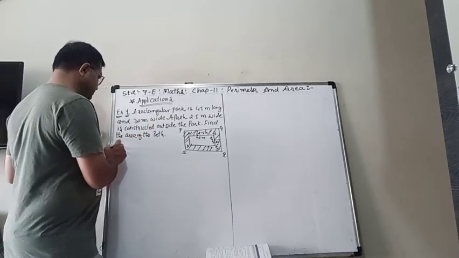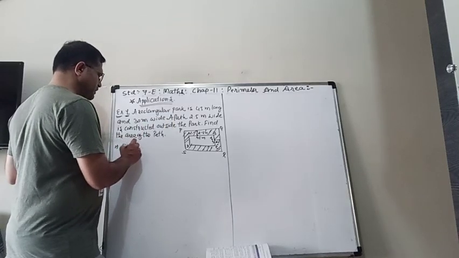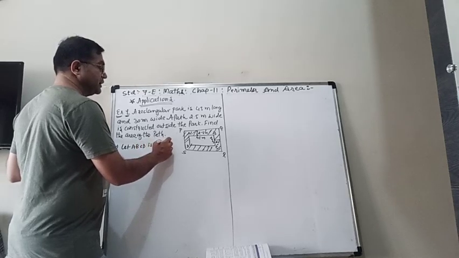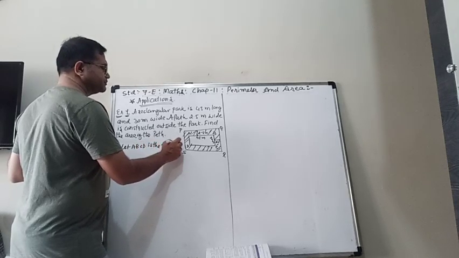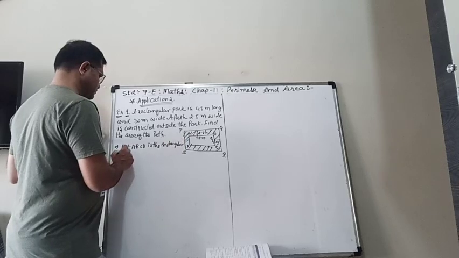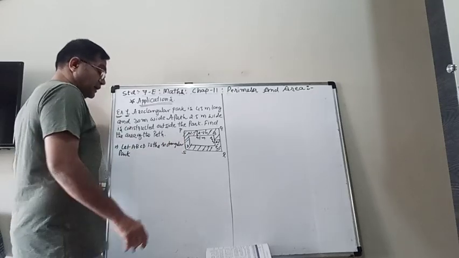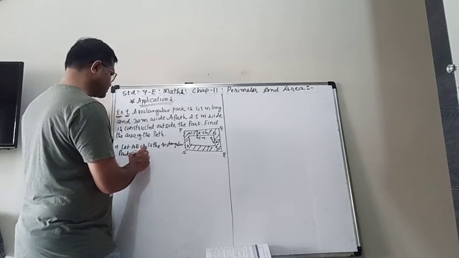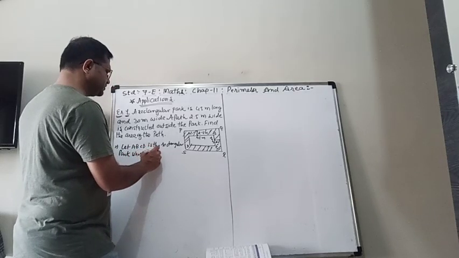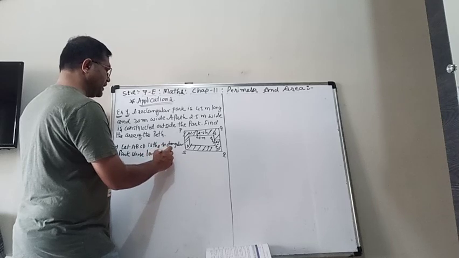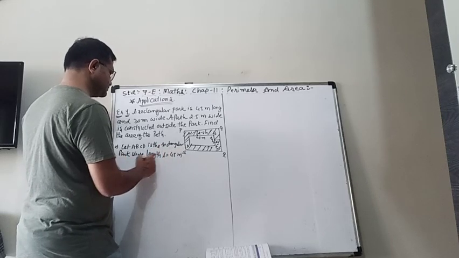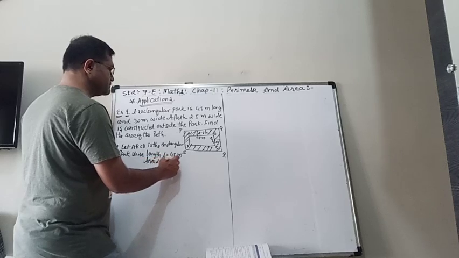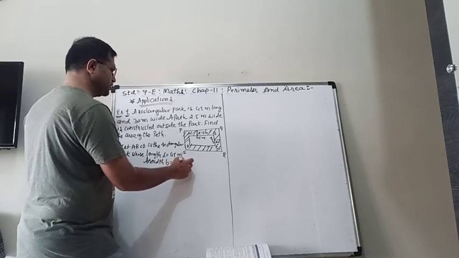So here let ABCD be the rectangular park, whose length L is 45 meter and breadth B is 30 meter.